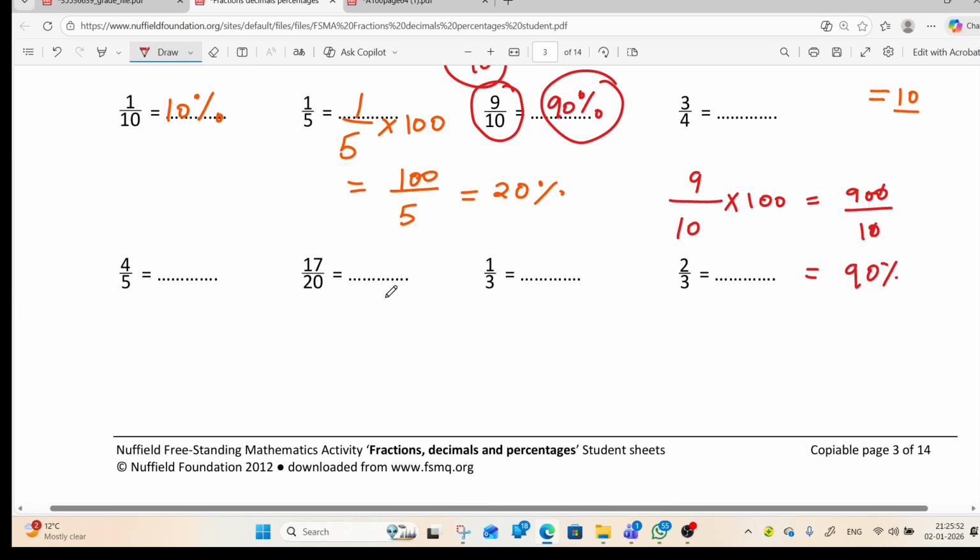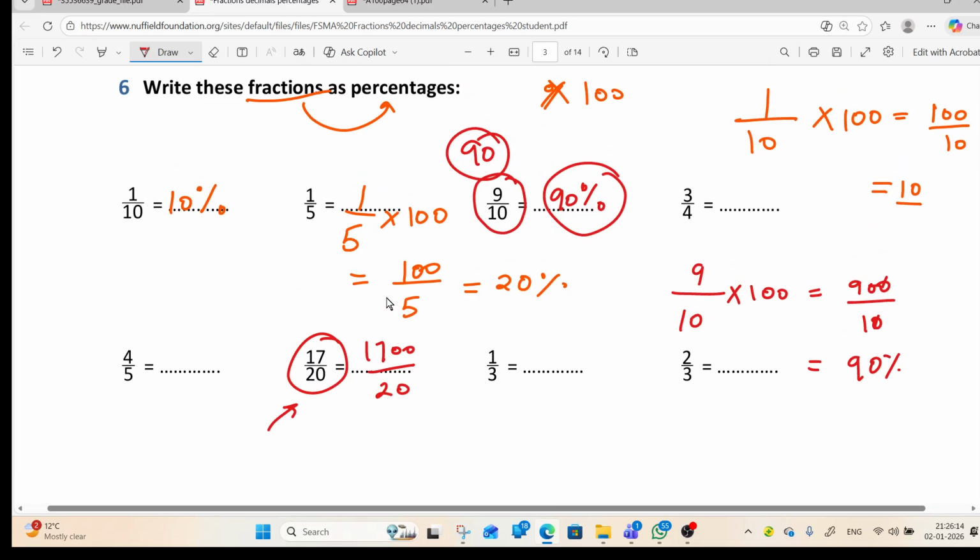Okay. Try this 17 over 20. Convert it into a percentage quickly. 1700 over 20. 20 divided by 10.